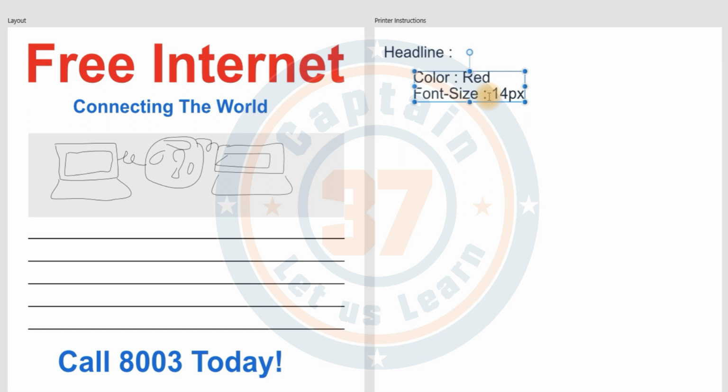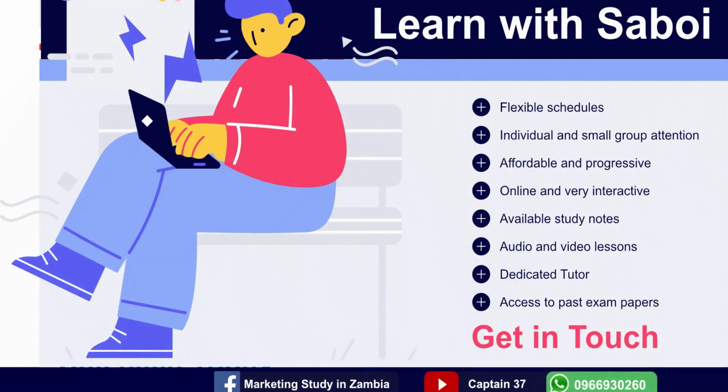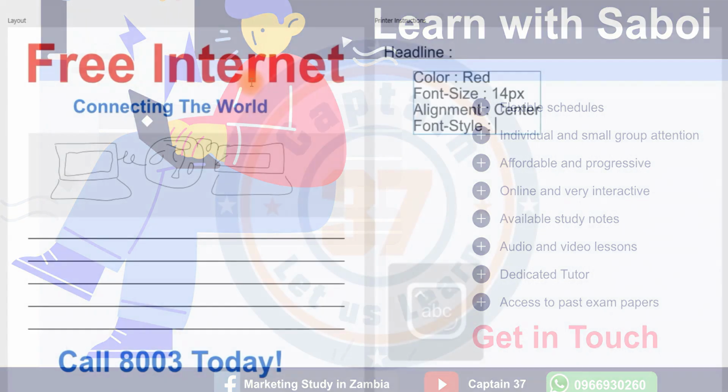I just simply selected pixel. What else? Alignment. This text, the headline, is aligned in the middle, in the center. So align center. What else? I can say font style, and let me just say Arial.